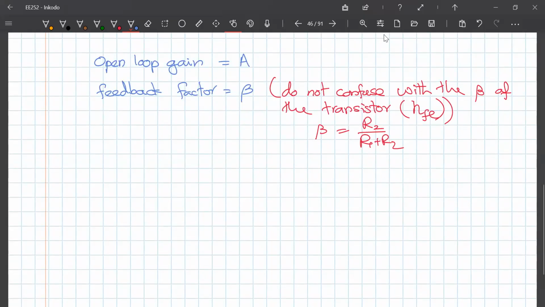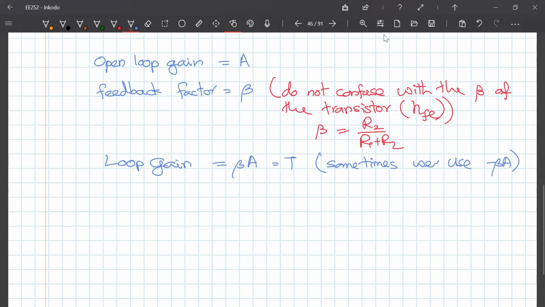We call this the loop gain, equal to beta times A, and the notation we use is T. Sometimes we also use the loop gain as minus beta A. Keep that in mind. That is the loop gain. The amount of feedback is written as 1 plus beta A. We divide or multiply different quantities by this, and we'll look at it later to obtain a certain value.